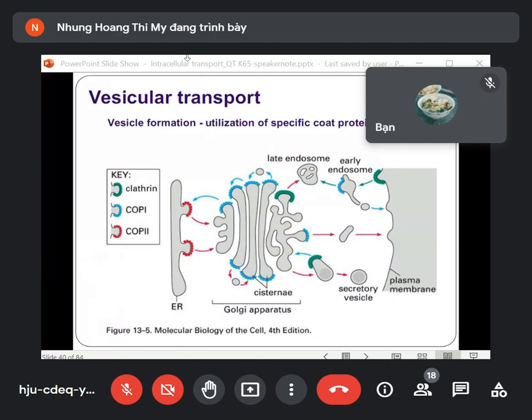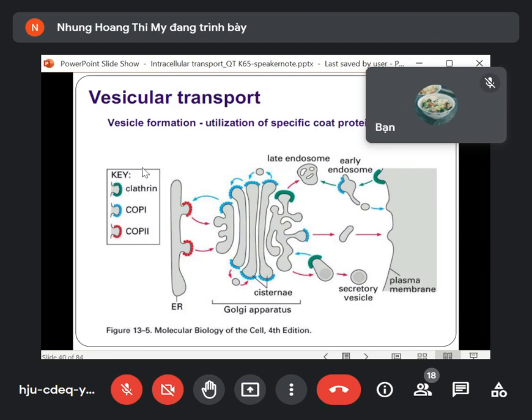There are three types of coating protein that scientists have determined: clathrin, COP1, and COP2.